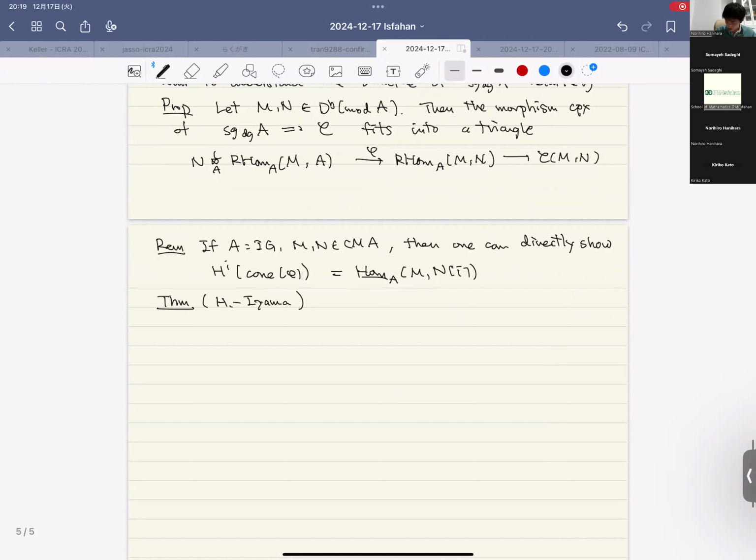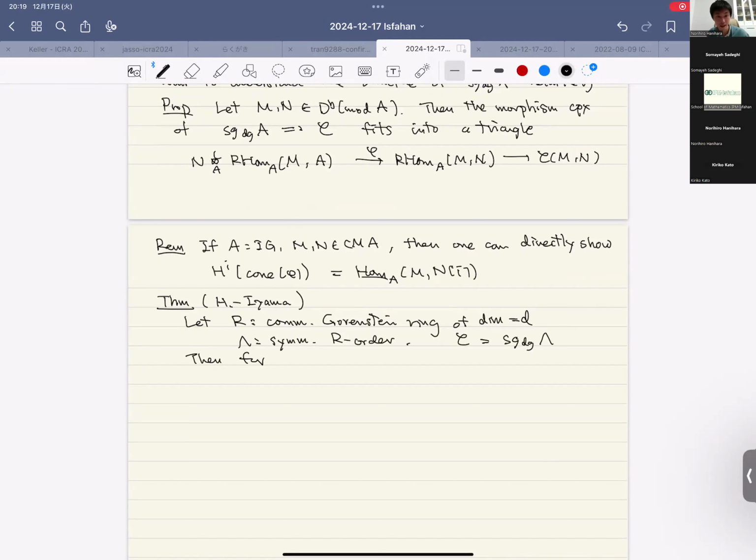Consider a commutative Gorenstein ring R of dimension d, and Lambda a symmetric R-order. We consider the DG singularity category of this symmetric order Lambda.